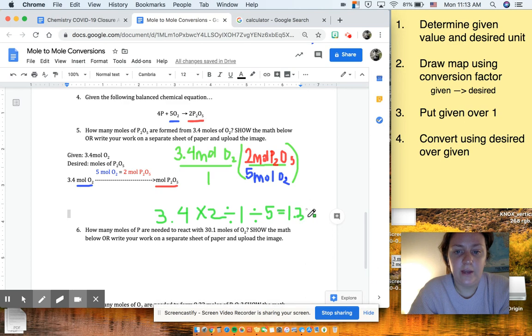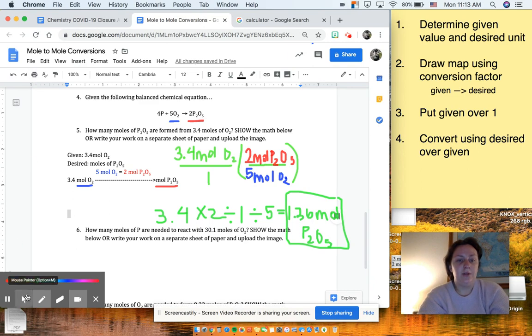And the unit for that, remember what we're solving for, is moles of P2O5. So 1.36 mole P2O5. Ooh, and again, I'm going to box that answer. Okay.